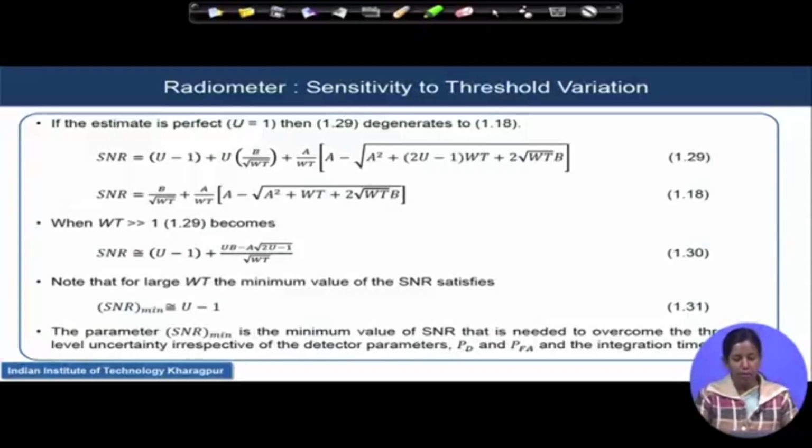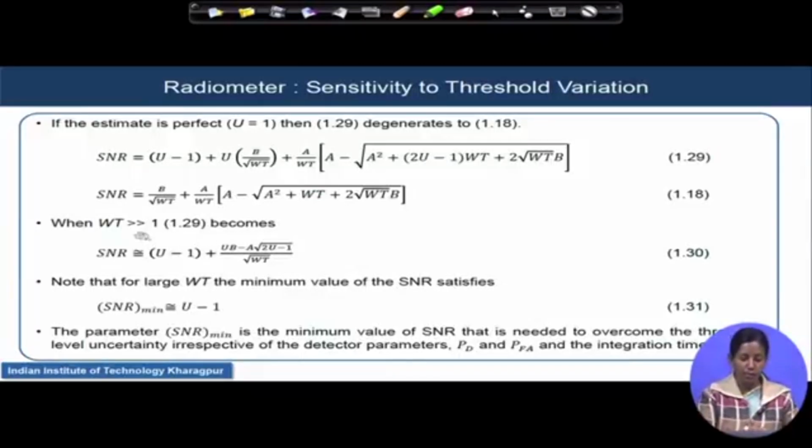And now, if I put this uncertainty value equal to 1 in this new SNR expression, you will get back the original, the old expression that we saw when we replaced the detection probability in terms of the false alarm probability itself.